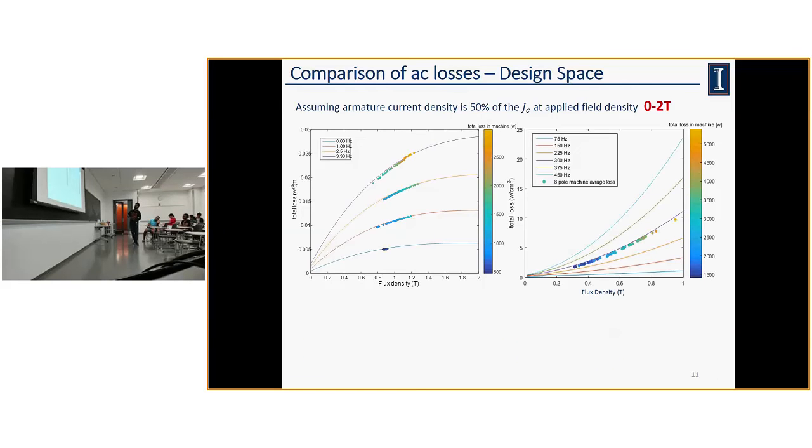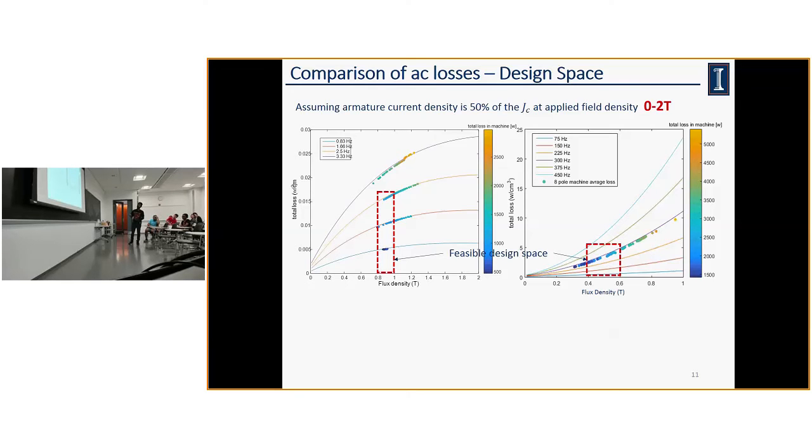So what I did is this: each point I have here is one of the motors we designed, and I plotted it against the field that we have here. This color shows the total losses in the machine. What is this saying?